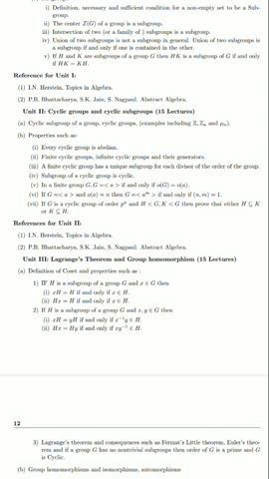If G is a cyclic group of order P raised to N, and H and K are subgroups of G, then prove that H is a subset of K or K is a subset of H.